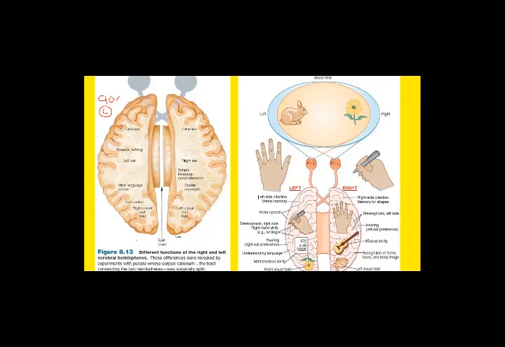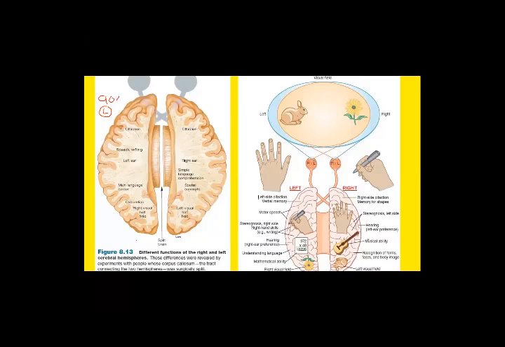So in 90% of individuals, the left cerebral hemisphere is dominant. That is the reason 90 to 95% of people are right-handed. And in a person who is right-handed, obviously the areas of speech will be well developed in the left cerebral hemisphere. Especially Broca's speech area will be well developed on the left cerebral hemisphere.